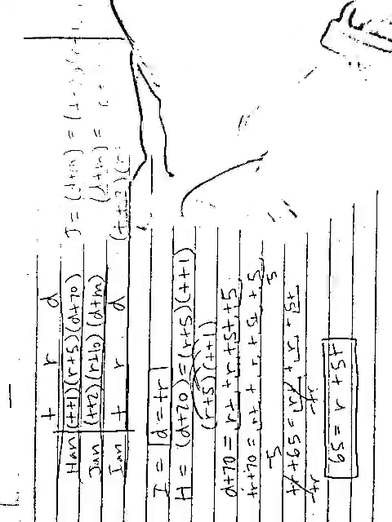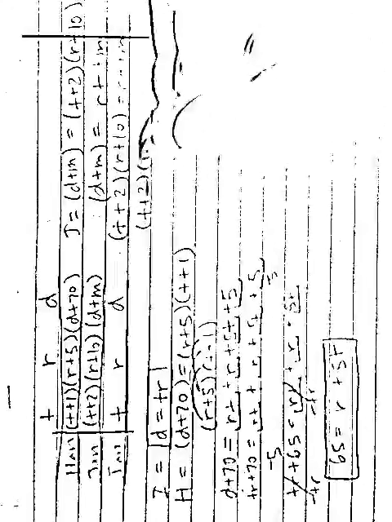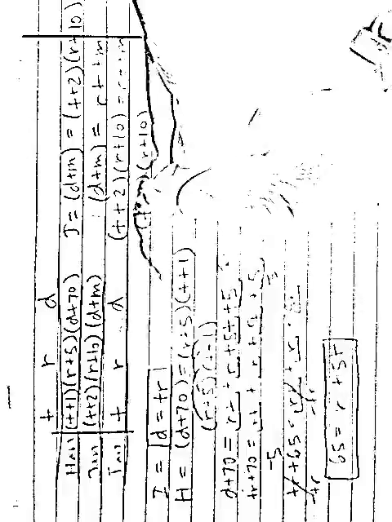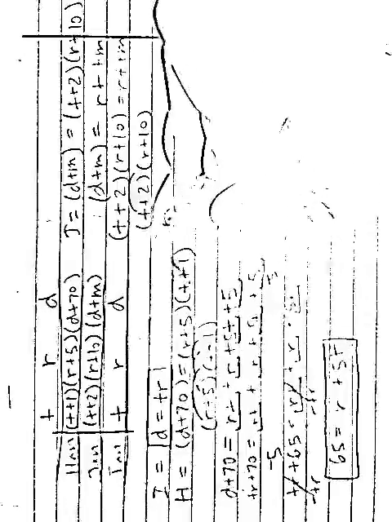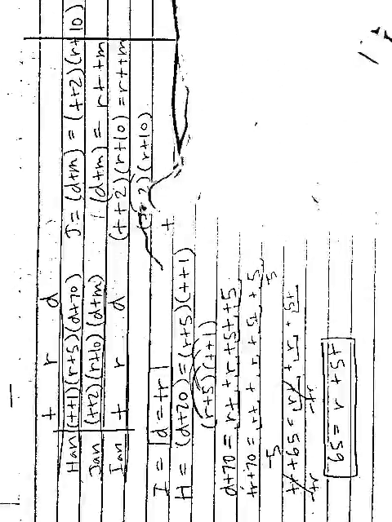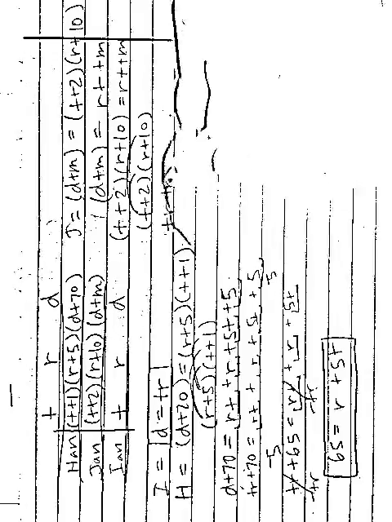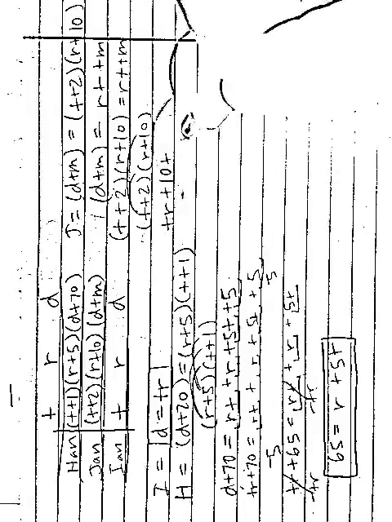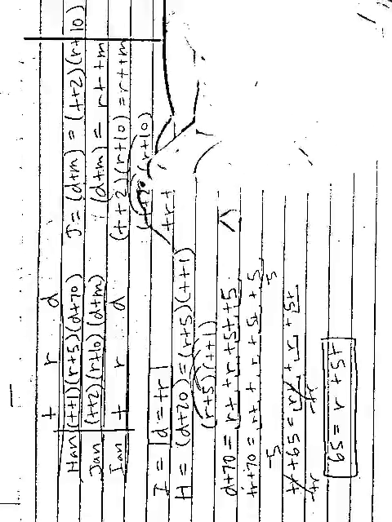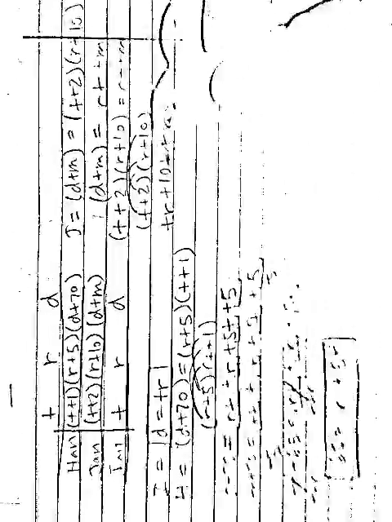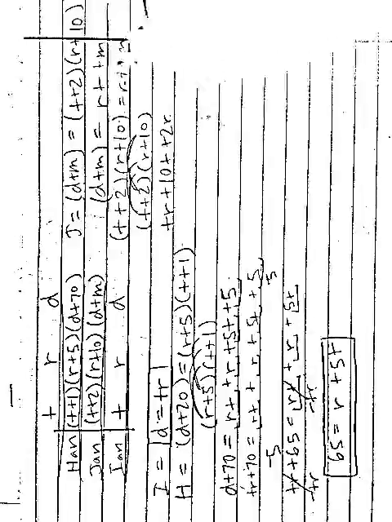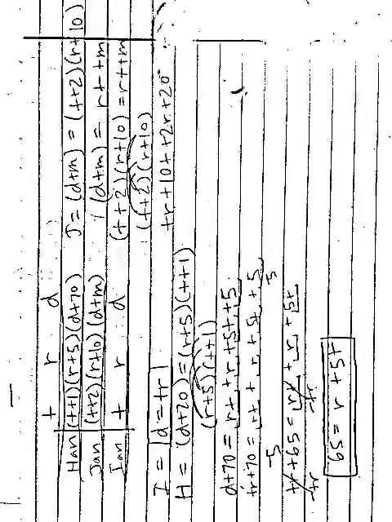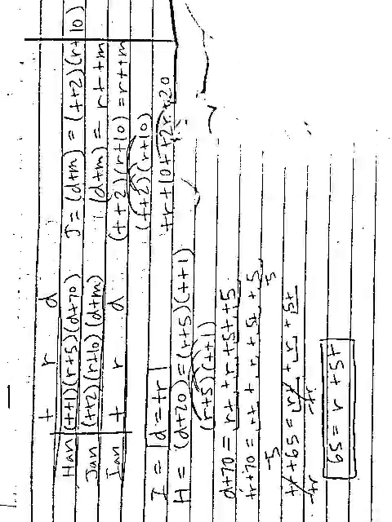I had to multiply this out. So T plus 2 and R plus 10. So first is TR, outer, plus 10T, inner, plus 2R and last plus 20.